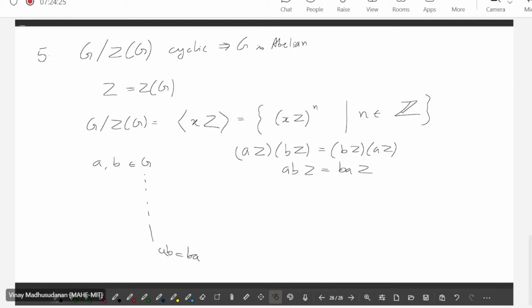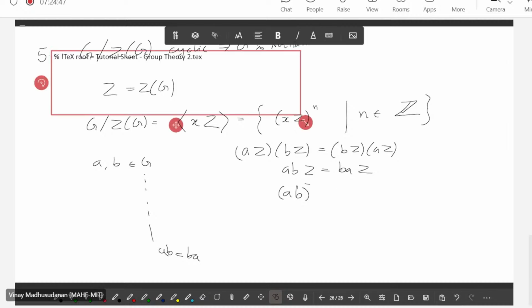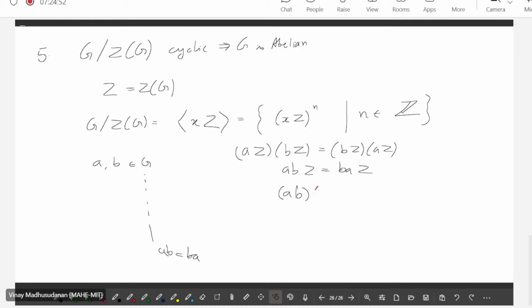Then, when is it true that some AB belongs to Z? I will continue with multiplicative notation. So AB inverse BA, or AB B inverse, if you prefer, belongs to Z.